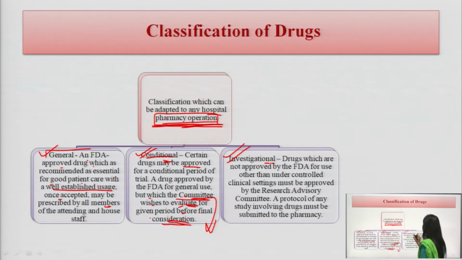Another is investigational. Here the drug is not approved by the FDA because we don't know anything about the new drug. It's for a new indication, or there is a new formulation, so the drug is new.